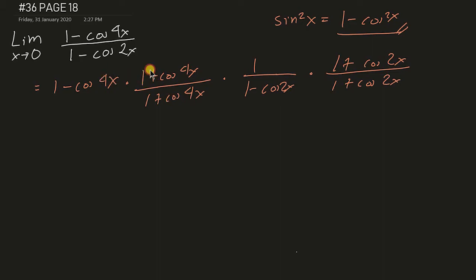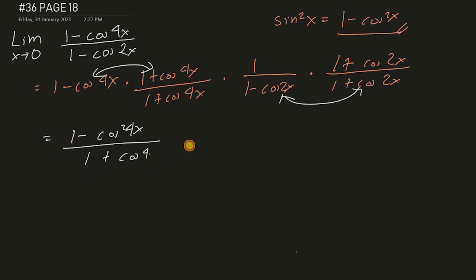Okay, guys. So, yung dalawang to and yung dalawang to, they will form a difference of two squares. So, basically, we have here 1 minus cosine squared of 4x over 1 plus cosine 4x. Dito naman sa kabila, we have 1 plus cosine 2x and cosine 2x over 1 minus cosine squared 2x.